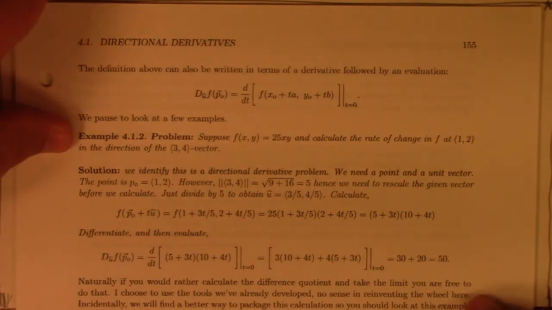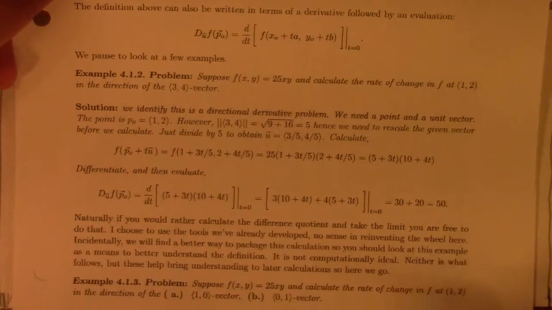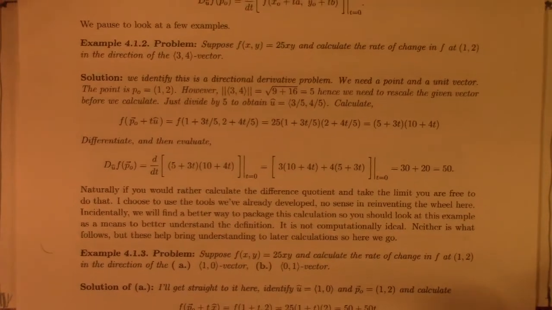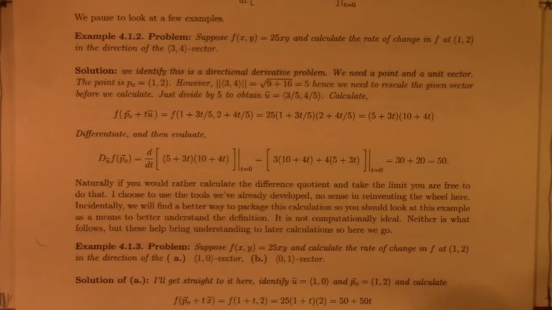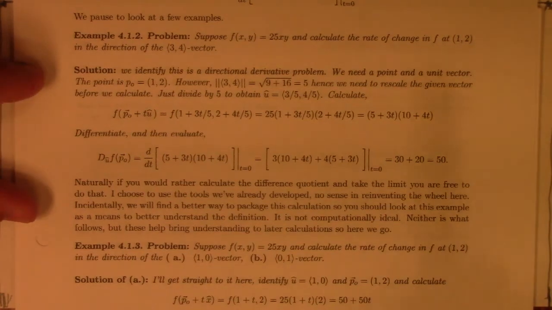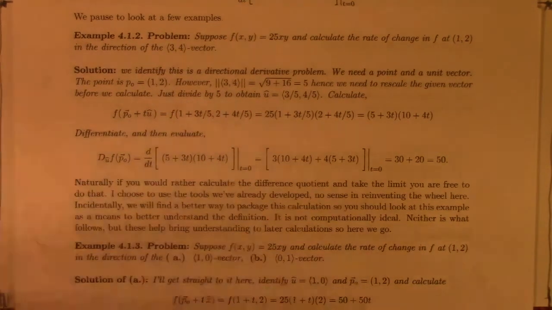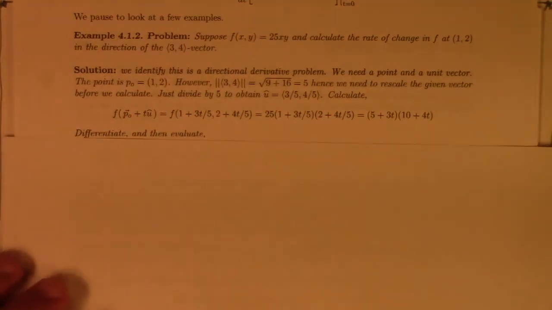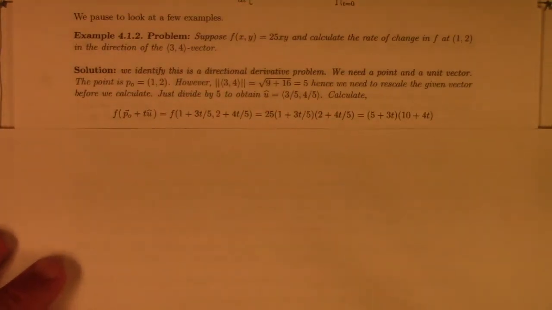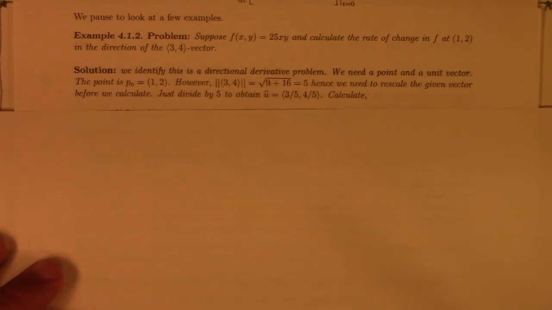Okay, so here's a straight up example. As is usually the case in math, we show you the wrong way to calculate examples to start with, just to illustrate the definition. This is not the way we'll be doing it after the dust settles. So we take a point, x naught, y naught, and take a unit vector, 3, 4.